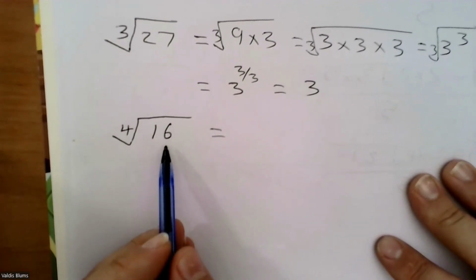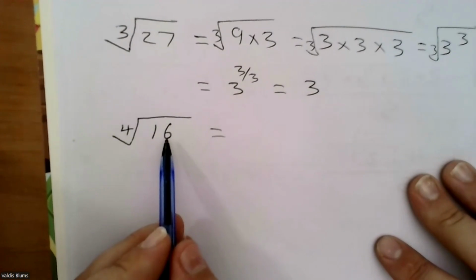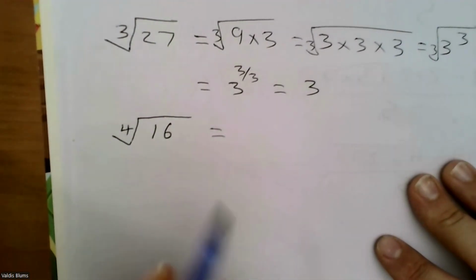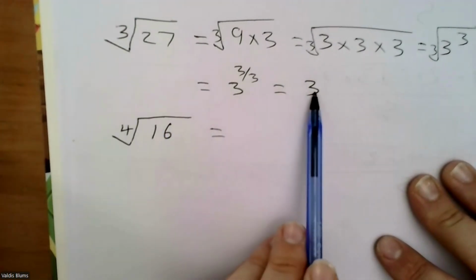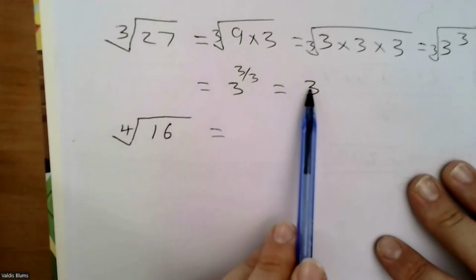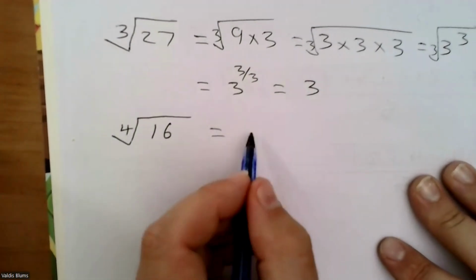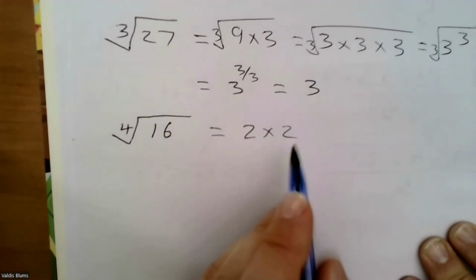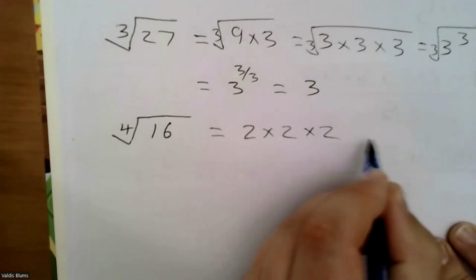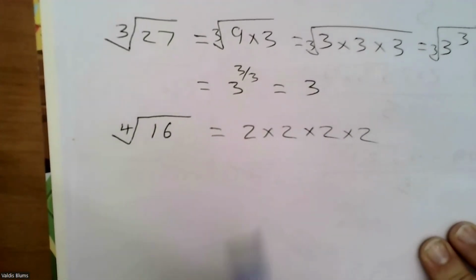Hopefully you can see that the only thing that will be timesing by itself 4 times, well, if 3 times by itself 3 times already gets you up to 27, the number's got to be less than 3. So hopefully you see it's going to be 2. Let's double check. 2 times 2 gives us 4, times 2 gives us 8, times 2 gives us 16.